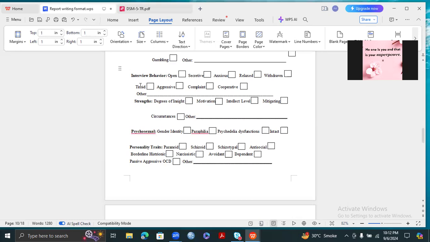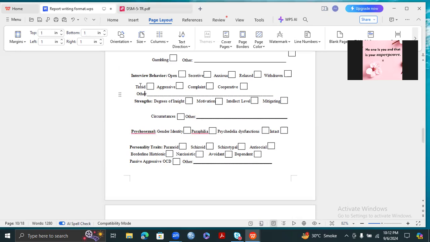Paraphilias are very complex disorders related to sexual desires that are very much less discussed in different cultures. So I'm not going to discuss it right now, but these are the particular concerns you have to make sure to write down there. Whether there are psychosexual dysfunctions or sexual dysfunctions, or whether it's intact, in that case you also have to record that situation.